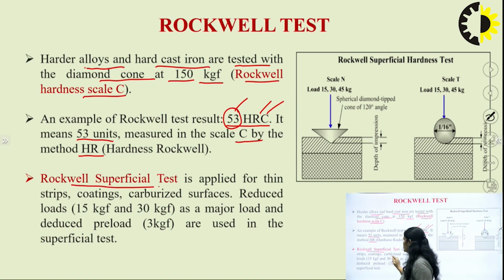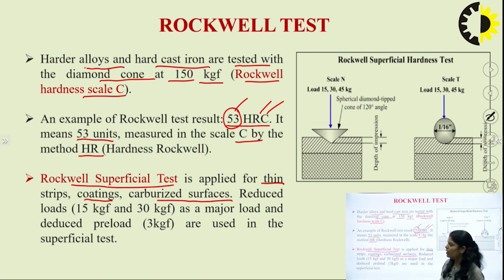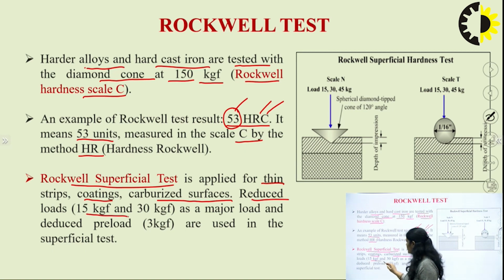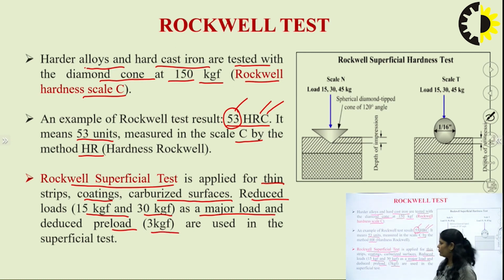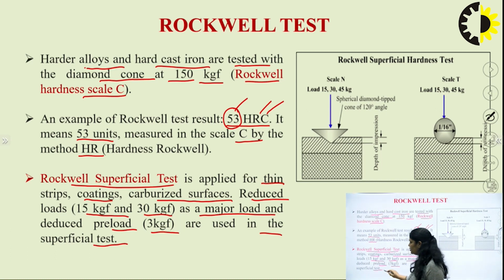Now we have the Rockwell superficial test also, and this is basically done in the case of thin strips, coatings, carburized surfaces, etc. These are thin strips, the material thickness is less, so the force requirement will also be less. Here you can see the reduced load means up to 15 kgf and 30 kgf will be required as a major load, and a reduced preload of 3 kgf only is used in the superficial test.